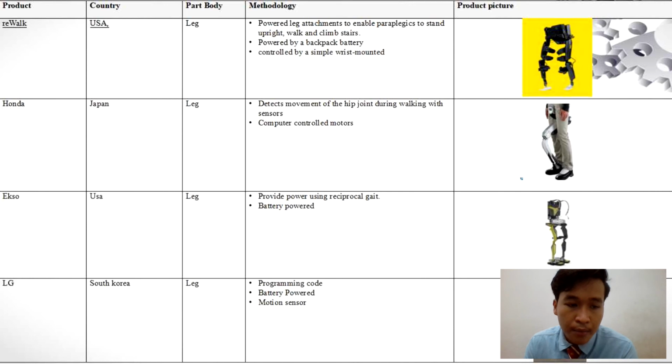And the last product is from LG, South Korea. They use programming code, a battery, and a motion sensor to move the leg. These products are all made to support and assist leg function.